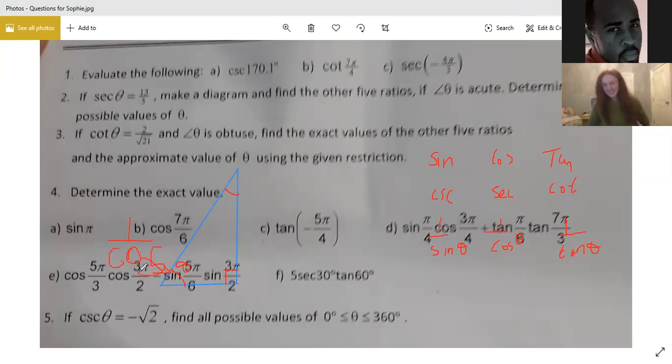So how does this 13 over 5 get represented? Let's think about that. I don't know. It's 1 over cos. So it's supposed to be 1 over x. Okay. So it says sec of theta is equal to 13 over 5. In other words, sec theta is equal to 1 over cos is equal to 13 over 5.